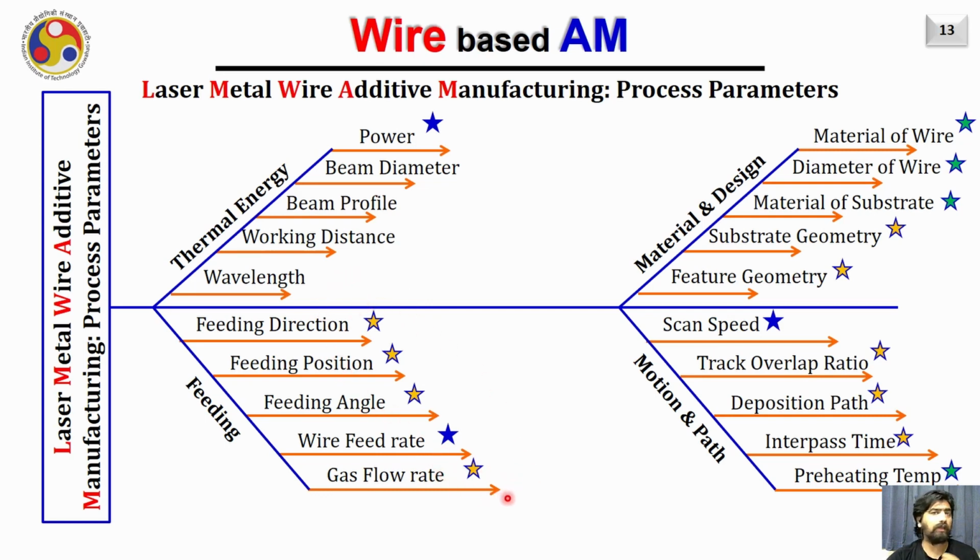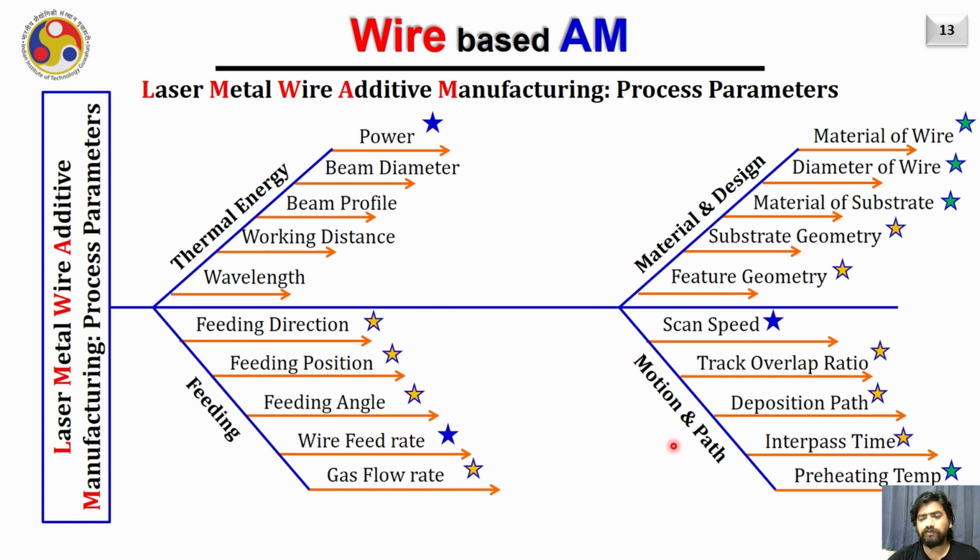We do not change them much while changing the wire or other materials or other ambient conditions. Usually the process parameter which is changed very often, or which is in the hands of the user very often, is the wire feed rate. If the wire feed rate is low or high, definitely it is going to affect our process.